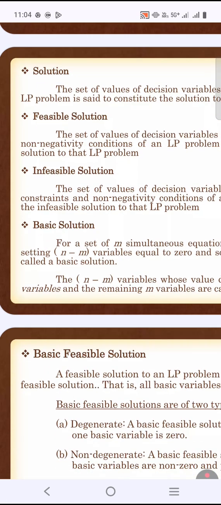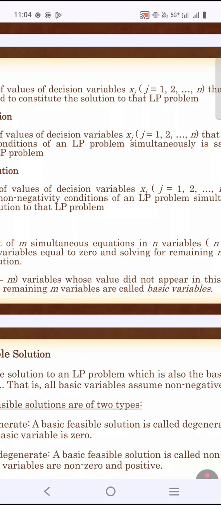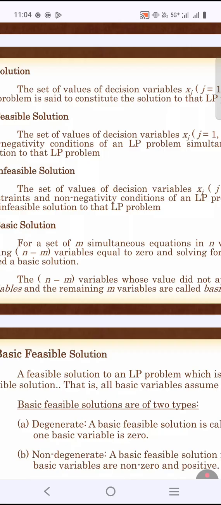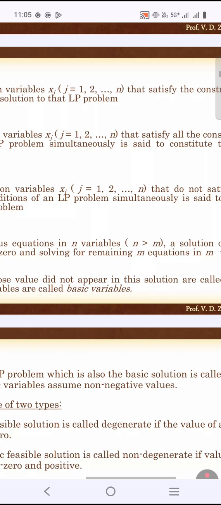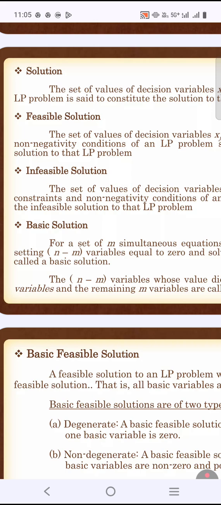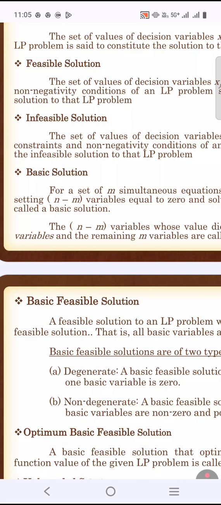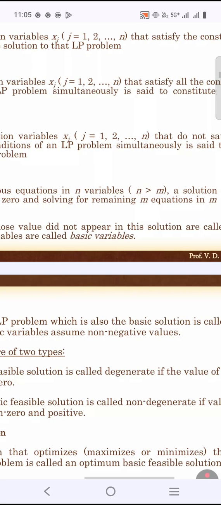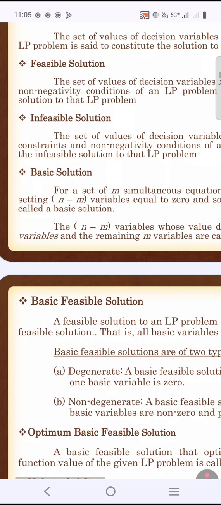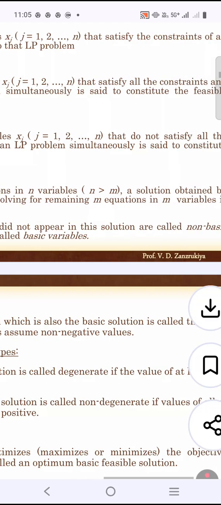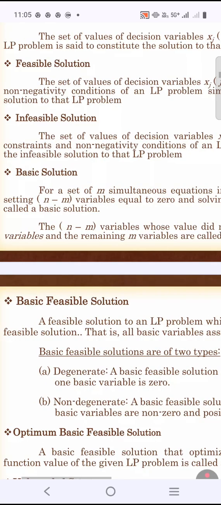Feasible solution: a set of values of decision variables xj, j equal to 1 to n, that satisfies all constraints and non-negativity conditions of a linear programming problem simultaneously is said to constitute the feasible solution. And infeasible solution: a set of values of decision variables xj that does not satisfy all constraints and non-negativity conditions simultaneously is said to constitute an infeasible solution to that linear programming problem.